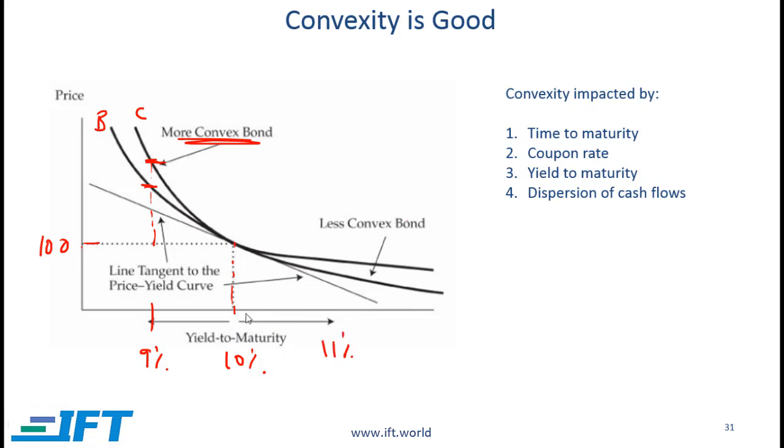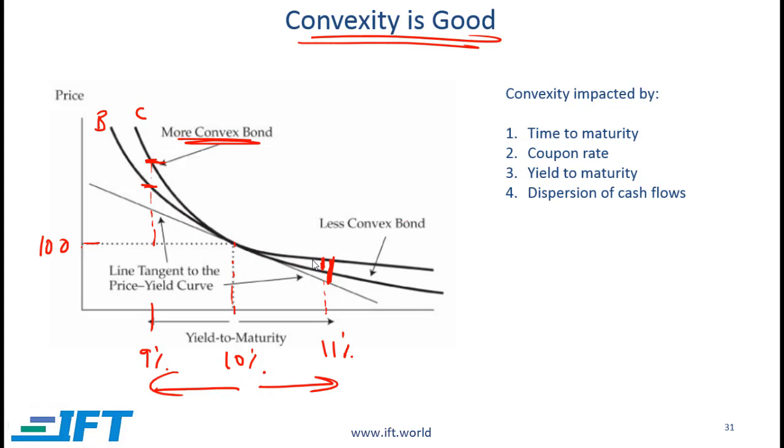Here, if you look at bond C, the depreciation is this much, whereas for bond B, the depreciation is greater. And this illustrates the fact that convexity is good for a bond investor, because when rates go down, the bond which is more convex appreciates more, and when rates go up, the bond which is more convex depreciates less.